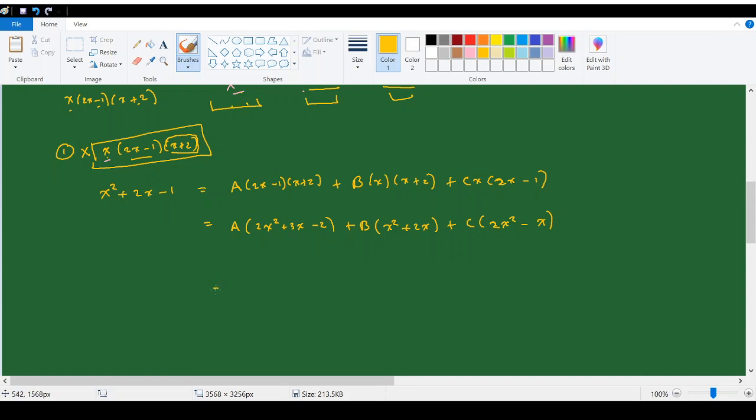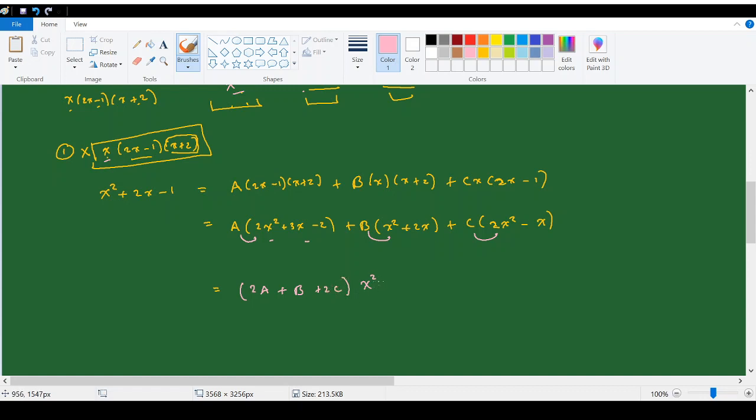This is the method that we should follow, so you have to be familiar with this technique. The next step is to separate out the coefficients of x squared, x and the constant individually. For x squared, from this bracket you will get 2a, from this bracket you will have plus b, and from this bracket you will have 2c.